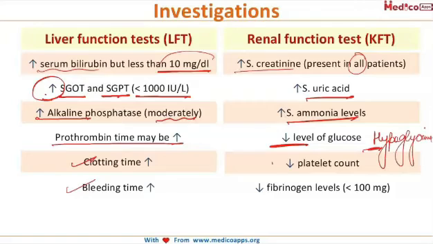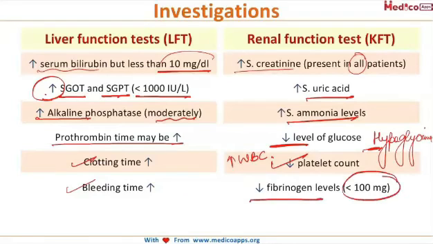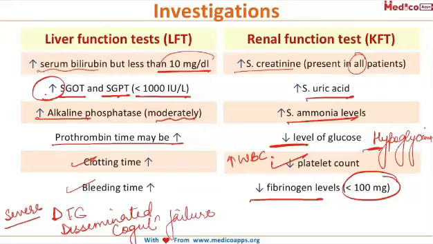Platelet count is decreased and the WBC increases, that is there is leukocytosis, and fibrinogen levels, if you get them done, are less than 100 mg per dl. And in severe cases, these patients have risk of going into DIC, that is disseminated coagulation failure.